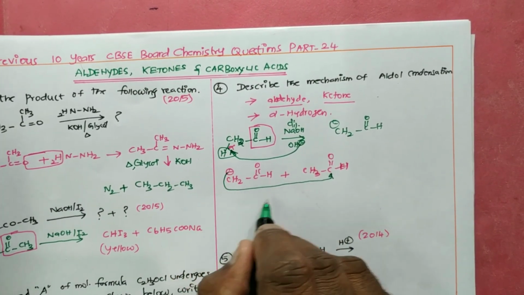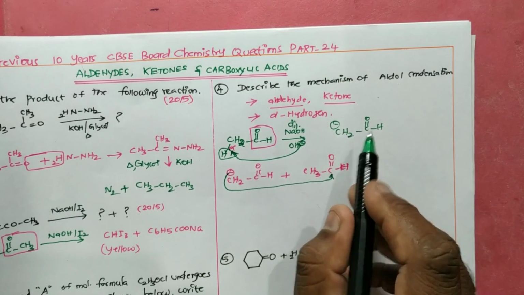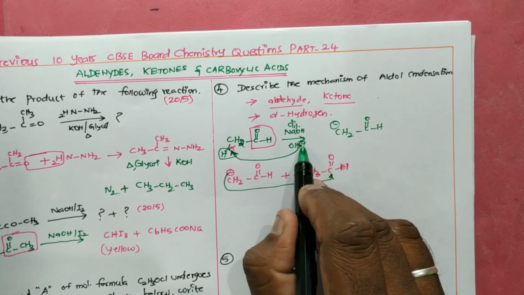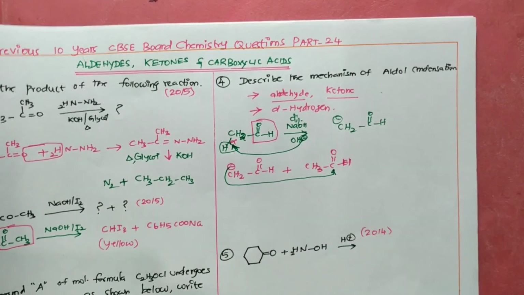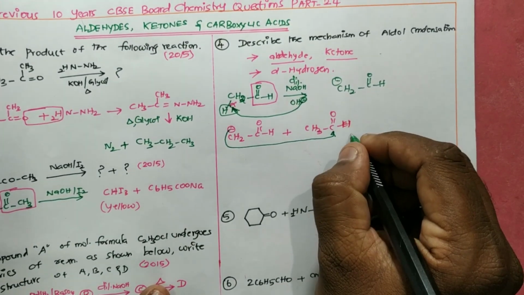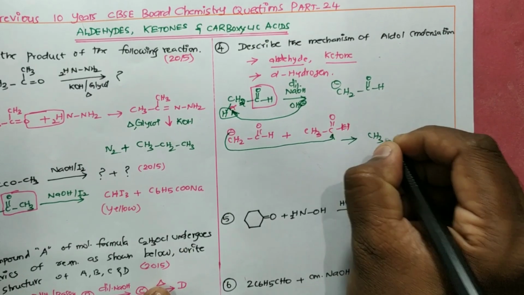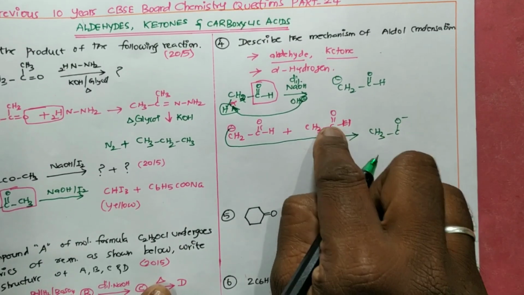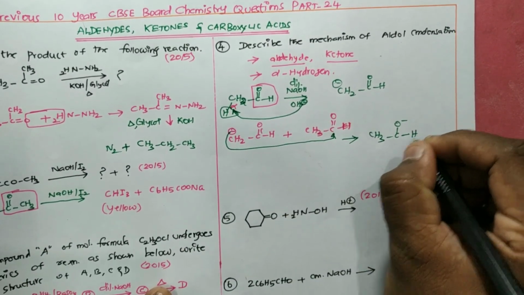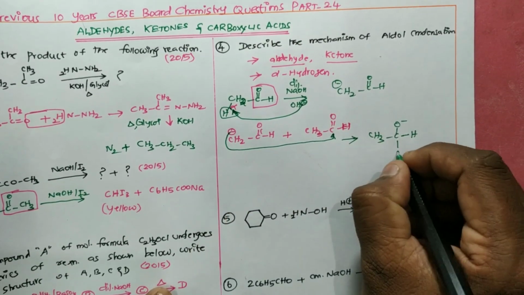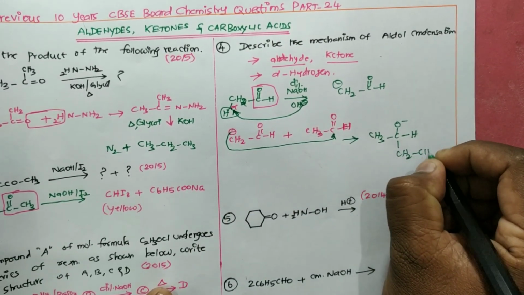A nucleophile always attacks the carbon, but a base always attacks the hydrogen. So what product will we get? We will get a product like this, CH3CO minus, and one hydrogen is there along with the CH2 CHO group.